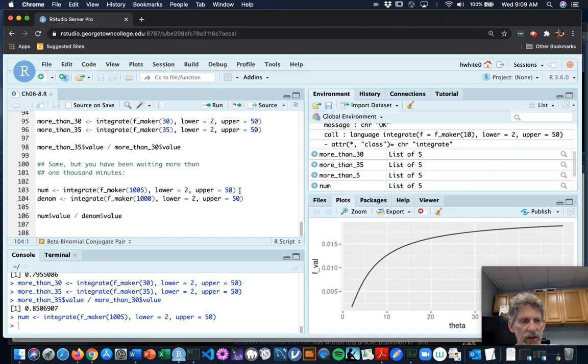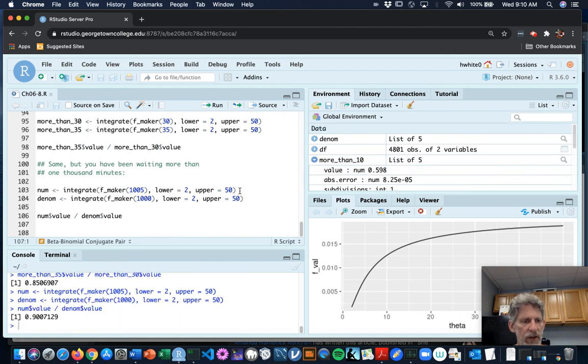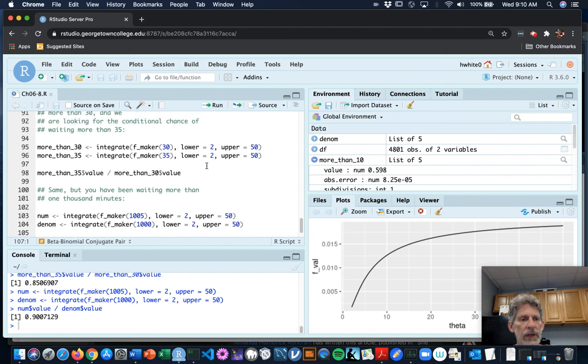Let's just see what that comes to. About 90%. And you can imagine the probability will get higher and higher the longer you wait, but it won't converge to 1.